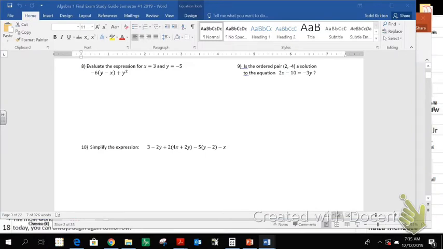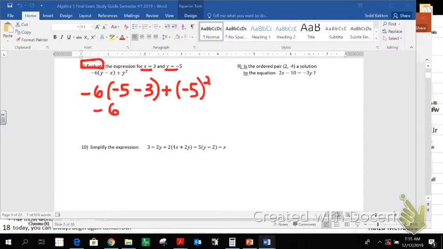Okay, on to the second ones here. We have just some evaluating substitution problems. So when it says evaluate, it means we're plugging in these two numbers. So negative 6, plugging in negative 5 for y, minus 3 plus negative 5 squared. And try to use parentheses. I didn't use them in the middle there because you don't have that many expressions to put in.